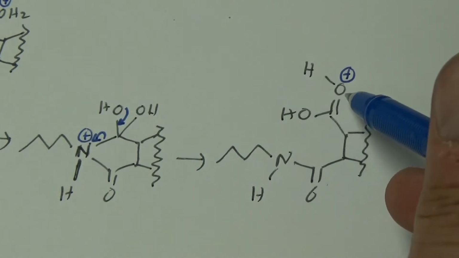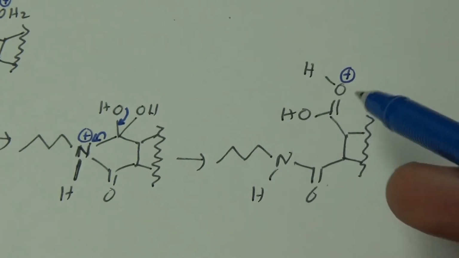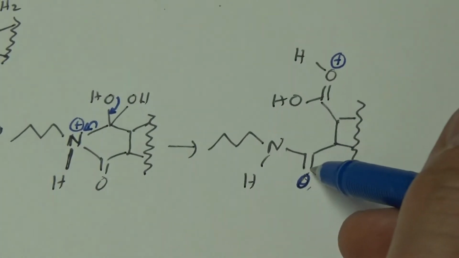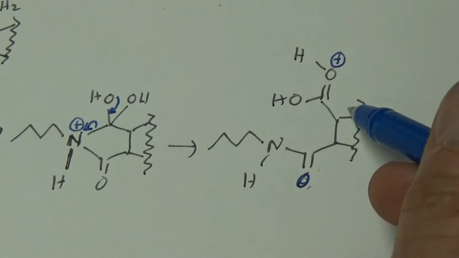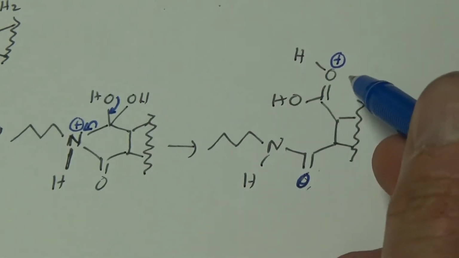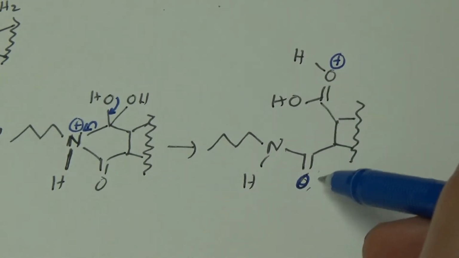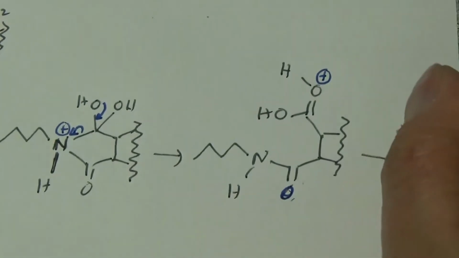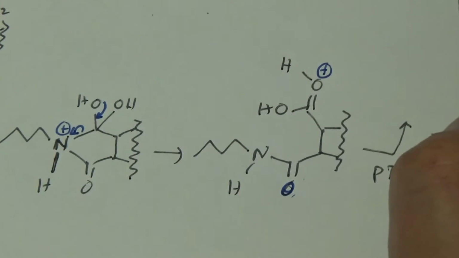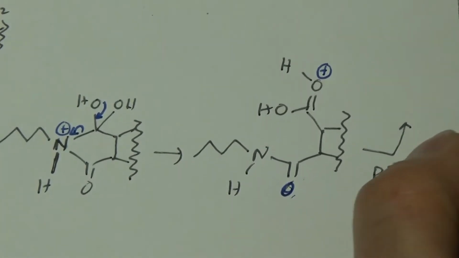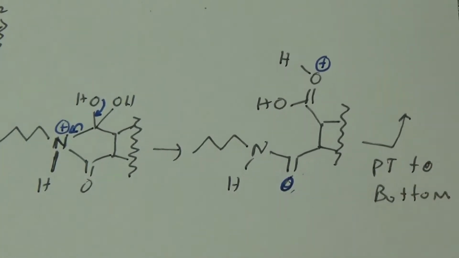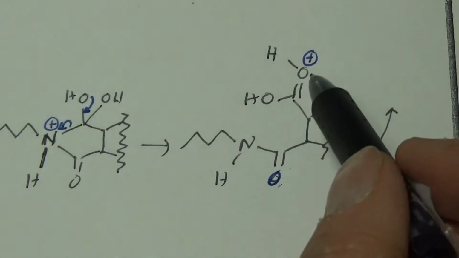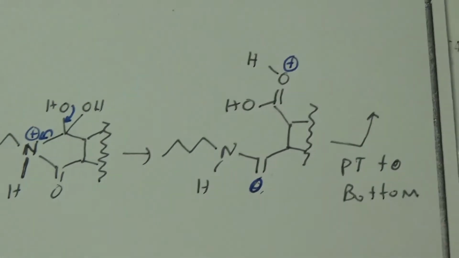This is where we'd usually say, well, minus H plus, right? But what we need to do is cleave the bottom amide now. The way I do it, you're welcome to deprotonate and then reprotonate this one, I just PT to the bottom, because that would allow this one to be hydrolyzed easily, right? So we're going to proton transfer from this top oxygen down to the bottom oxygen.